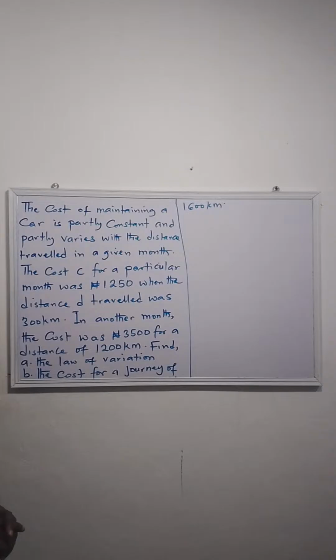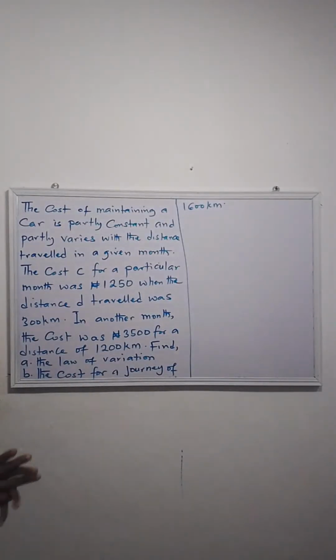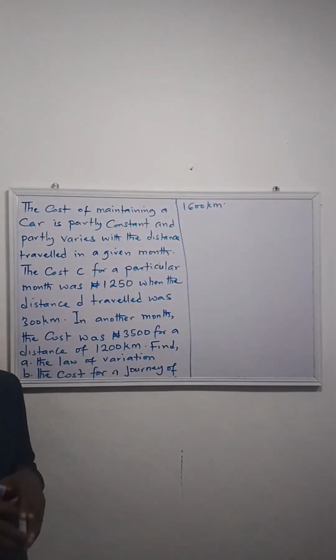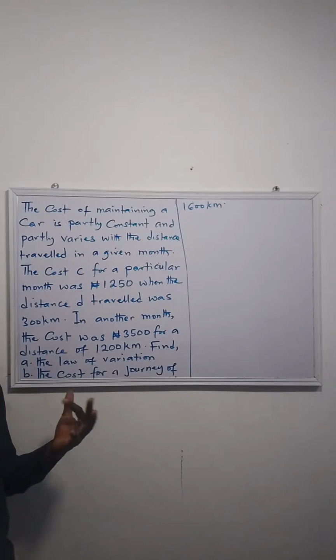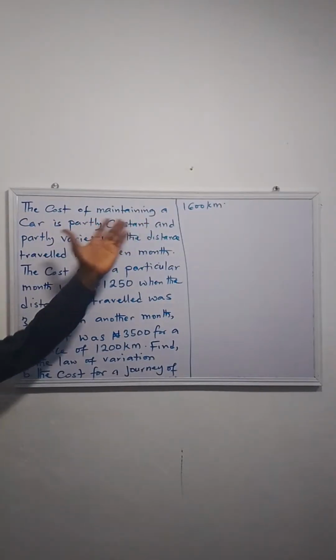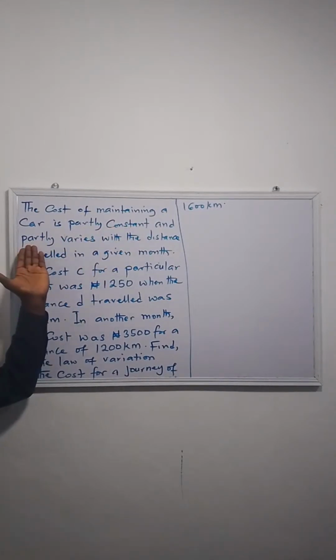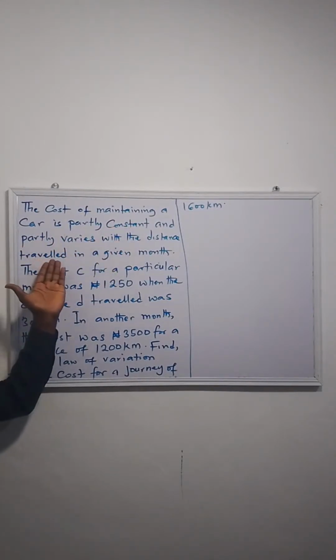Now the second part of the question, find the cost for a journey of 1,600 kilometers. So how do we solve this problem? The first thing we need to know is to identify the two things that are being varied here. In the question you can see the cost of maintaining a car is partly constant and partly varies with the distance traveled.